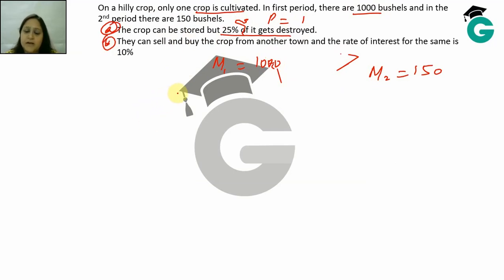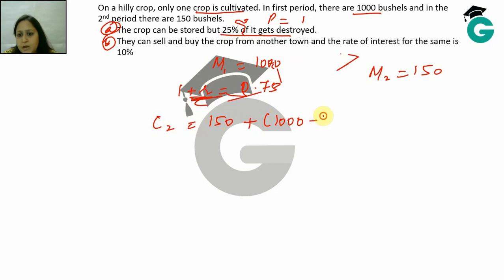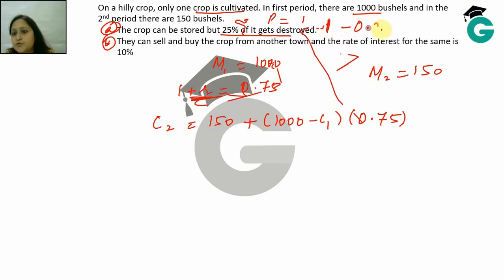Which means that मेरा जो 1 plus R है, वो अब 0.75 हो गया, क्योंकि वो 1 plus R की जगह it will become 1 minus R, right? So now when I'm doing C2, I'm doing M2 plus M1 minus C1. Instead of doing 1 plus R, I'm going to do 0.75. क्योंकि जो 1 था मेरा, उसमें से 0.25, 25% crops तो मेरी destroy हो जाती हैं.